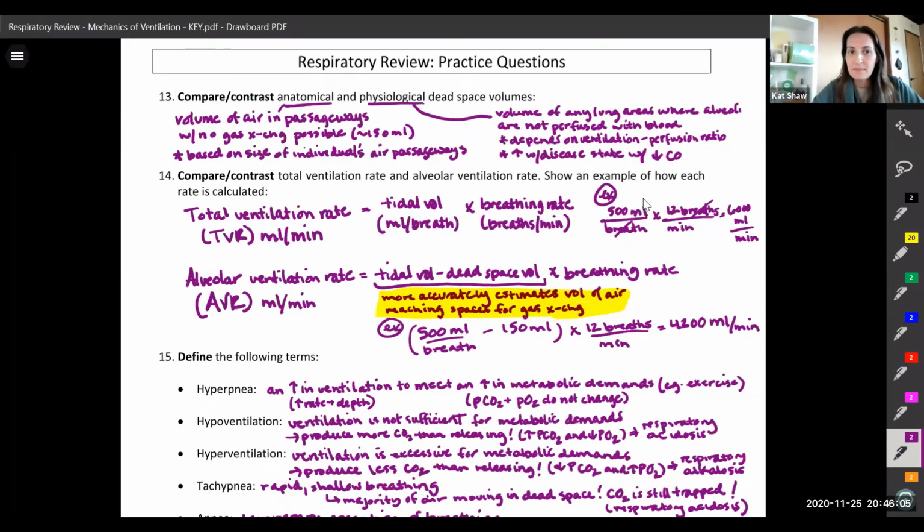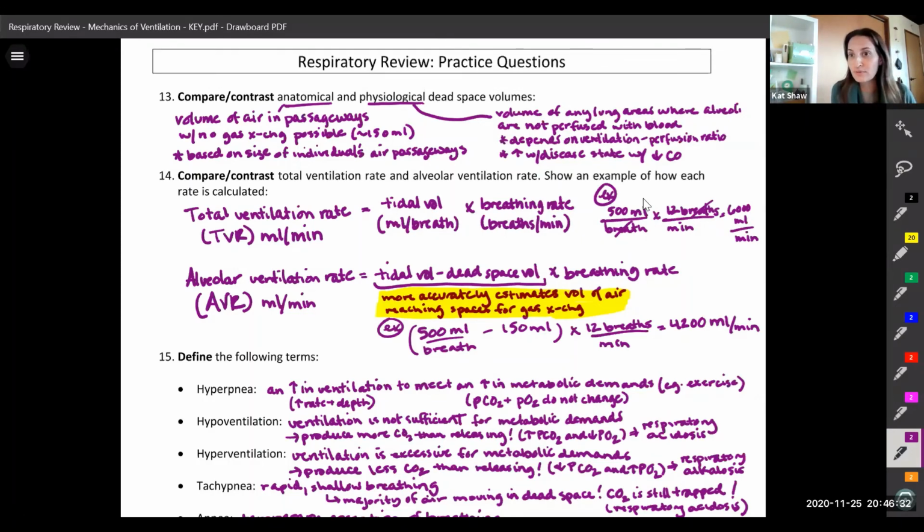We can make a more accurate estimate of the ventilation rate called the alveolar ventilation rate, or AVR. Here, we're accounting for the dead space volume, just the anatomical dead space volume for the individual. So this will more accurately estimate the volume of air that's reaching the spaces where gas exchange is actually occurring.